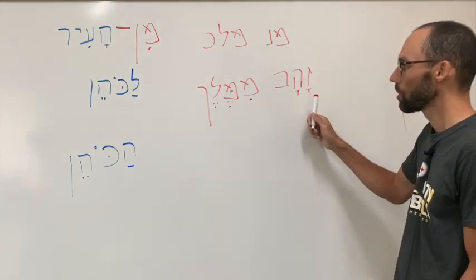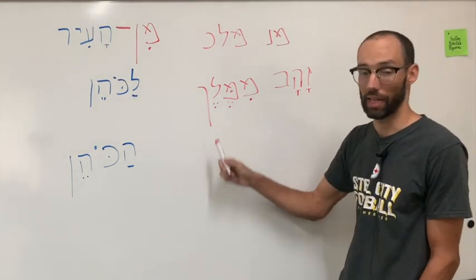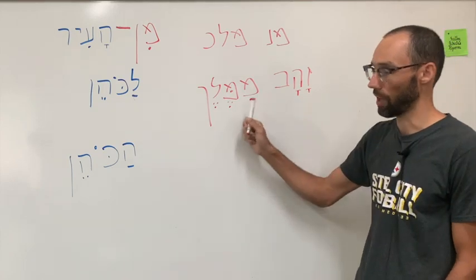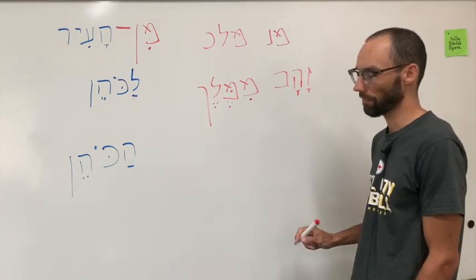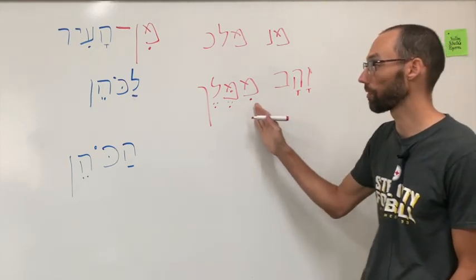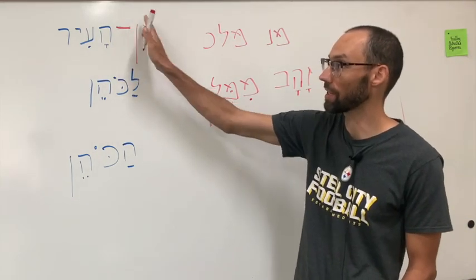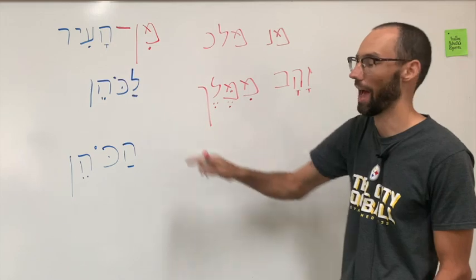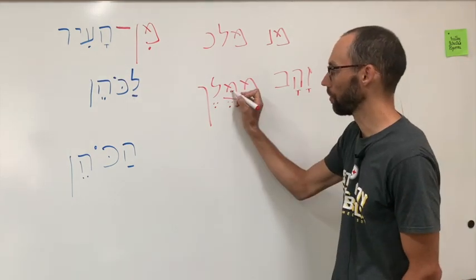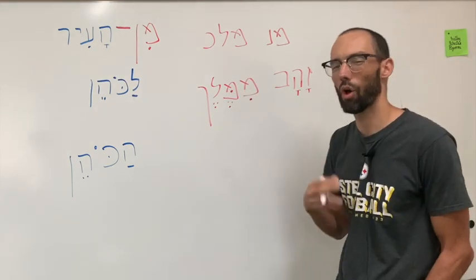Zahav means gold. So zahav memelech, gold from a king. Now typically if it were gold from the king, they would actually keep them separate like that. That's the general rule, not always.